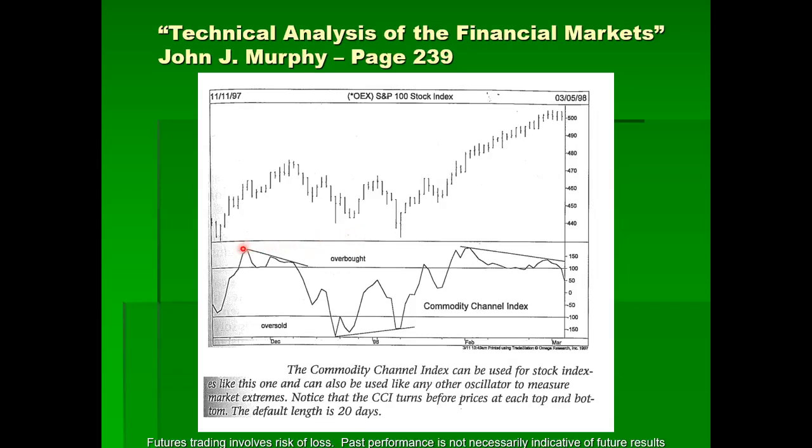And what he's saying is, as the CCI goes down, price is going down, right? So we go down here. This, by the way, is called triple divergence. We go down here, and guess what? Price goes down. We're coming up here. Price goes up. We go down. Price goes down. Here, CCI goes up. Price goes up.